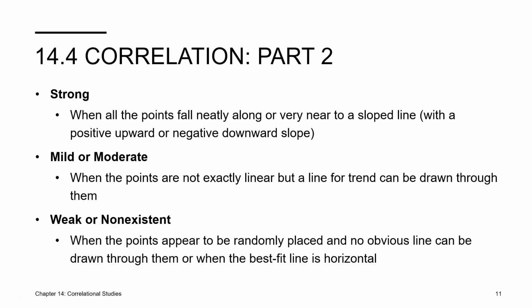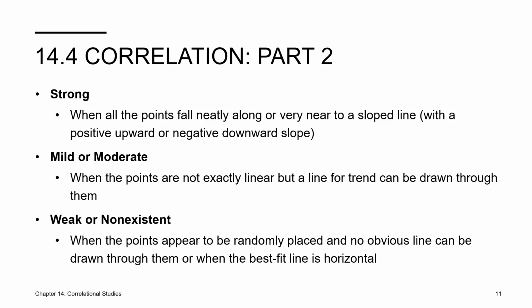Correlation can be described as strong, mild or moderate, and weak or non-existent. A strong correlation is when all the points fall neatly along or very near the slope line. So this could be a positive upward or a downward trend. A mild or moderate correlation is when all the points are not exactly linear, but a line can be drawn through them to show the trend.